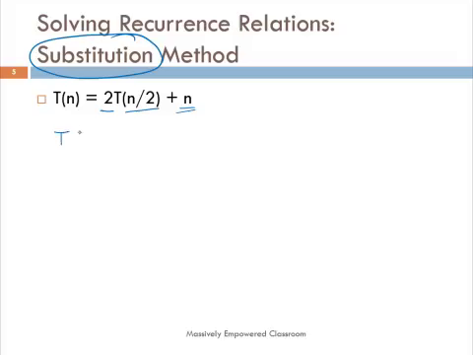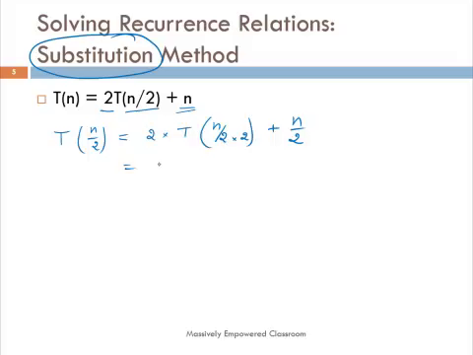I will apply the same formula to obtain the value of t of n by 2. So t of n by 2 is nothing but 2 times t of n by 2 by 2 plus n by 2. I have simply substituted n by 2 for n in the above formula.